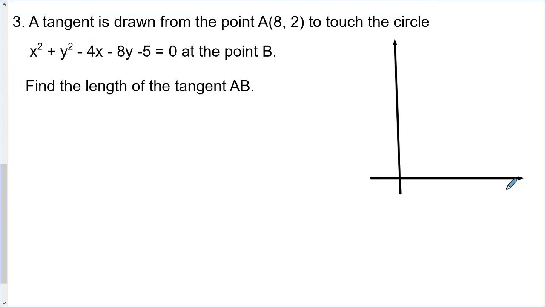Okay. So we've got, again, a tangent drawn from a point A away from the circle to touch the circle at the point B. Find the length of this tangent AB. So this tangent is going from this line, it's going to touch the circle at B, and I want to know the length of that tangent from A to B.